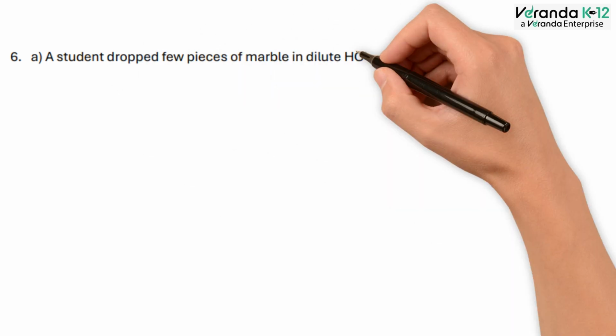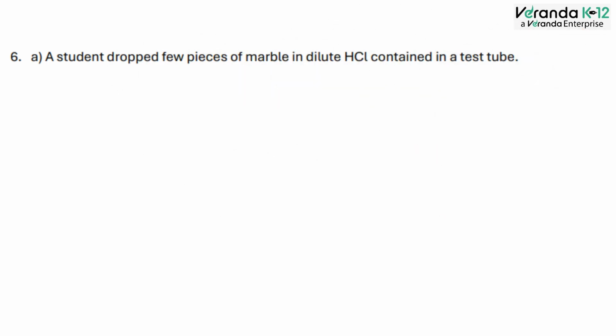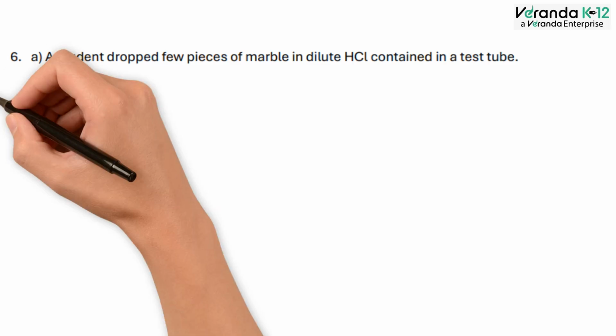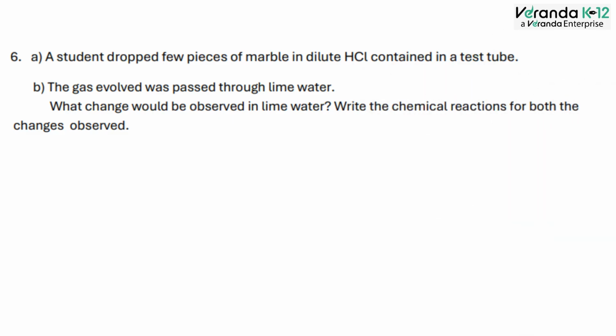Now section B, question number 6. A student dropped a few pieces of marble in dilute hydrochloric acid contained in a test tube. In the next step, the gas evolved was passed through lime water. What change would be observed in lime water? And write the chemical reactions for both the changes observed.